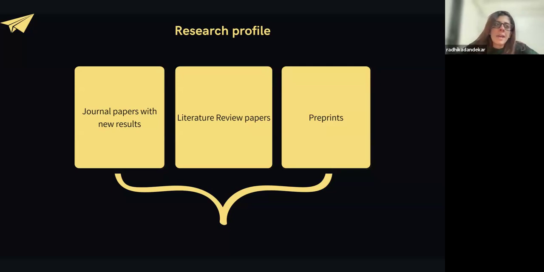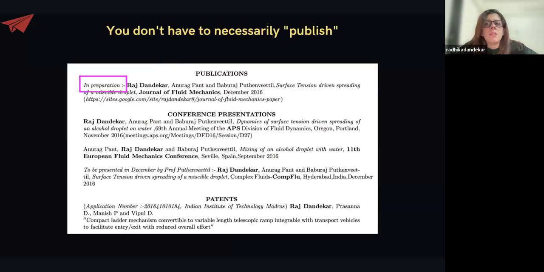So these are the three ways in which you can build your research profile, okay. One point that I would like to emphasize here is that you don't necessarily have to publish, okay. It's very important for you to note at this point that even if you have projects or any research internships, it's fine if your papers are not yet published by the time you submit your applications, okay.